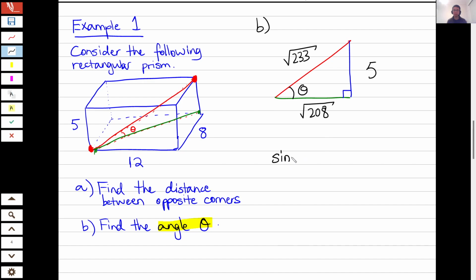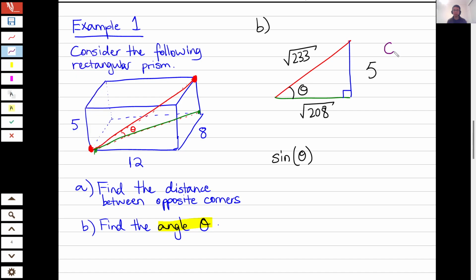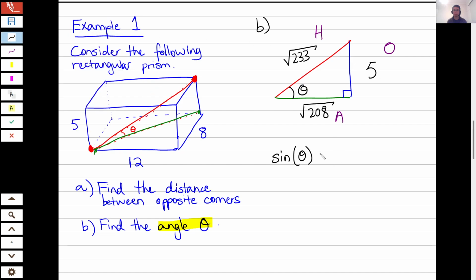So remember, if you forget, you can always label the sides of your triangle. So this is O, this is A, this is H, in reference to this angle theta. Sine of theta equals the opposite over the hypotenuse. So in this case, it's 5 divided by root 233.